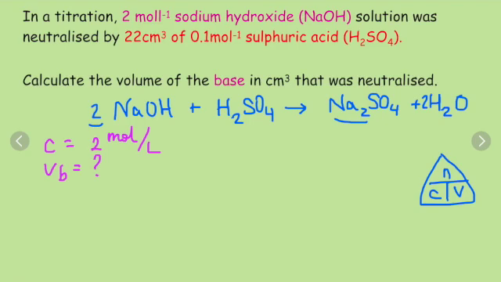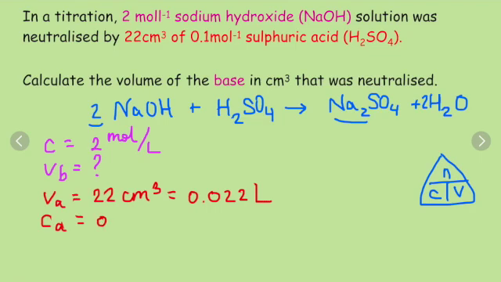It's also giving us the volume of the acid, which is 22 centimeters cubed, or 0.022 liters, with a concentration of the acid of 0.1 mole per liter. Those units are not correct.